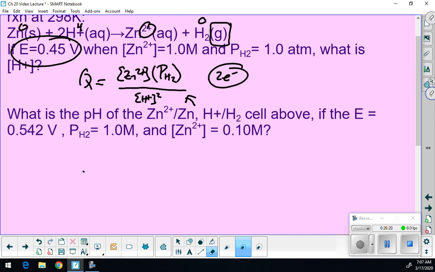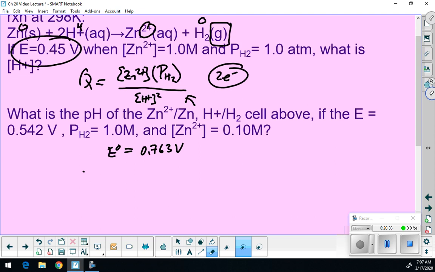We know that, oh yeah, I remember what my standard cell is. My E prime was equal to, what did we say? 0.763 volts, right? Because we still have the same cell.